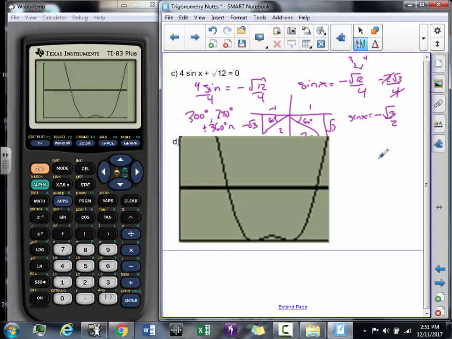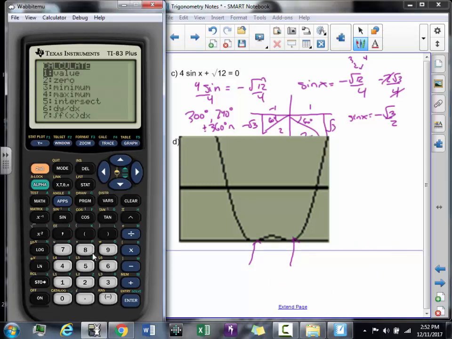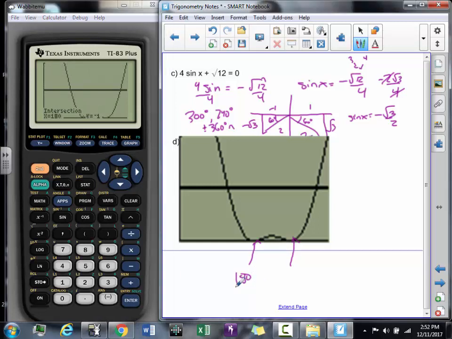How many answers am I expecting? Probably 2, yeah. One of them intersects right there, and one of them intersects right there. All you gotta do is just intersect one. So I can calculate the intersect. I'm just gonna work away. Okay, so one of them was at 180.